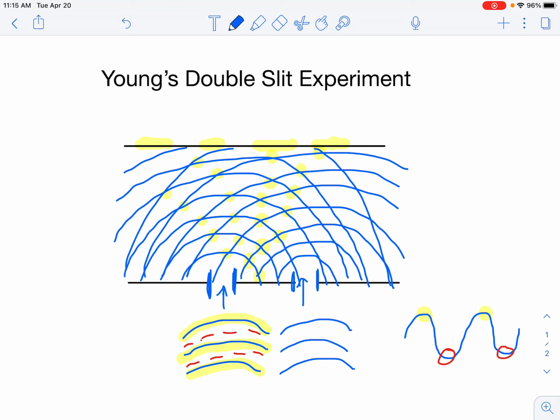And then in between those areas, in between where we have those points of intersection, or in between where we have constructive interference, that would be where we have destructive interference. The waves are essentially canceling each other out or reducing the magnitude of the wave. And so for those sections, you would see darker portions.